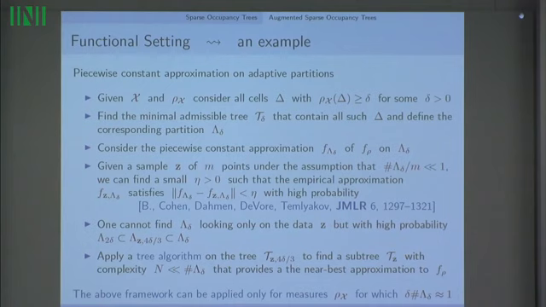So basically that means we are building a tree based on the data, and after we have the tree, we can apply the tree algorithm to it and have the near best approximation on this tree.